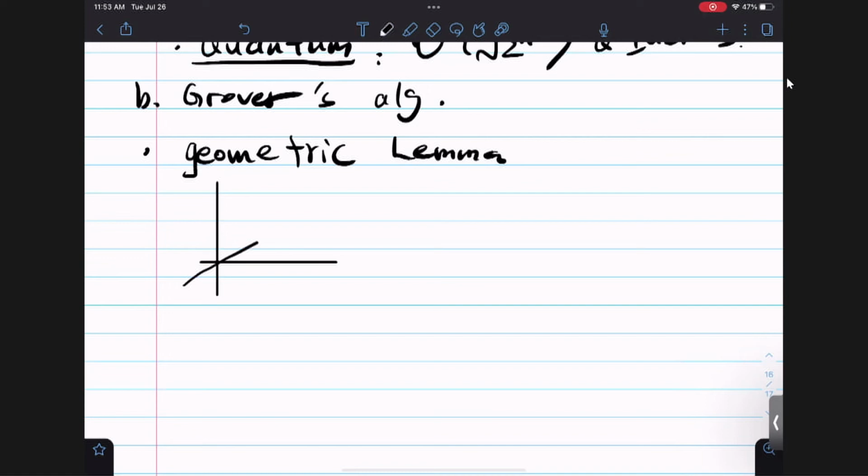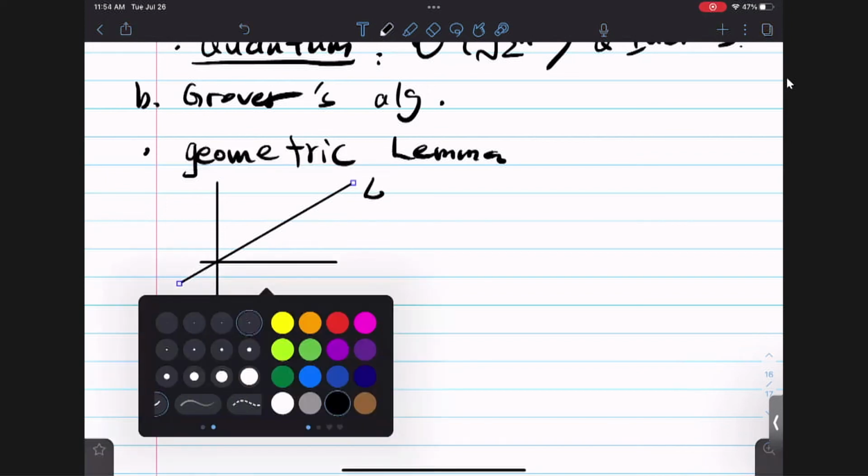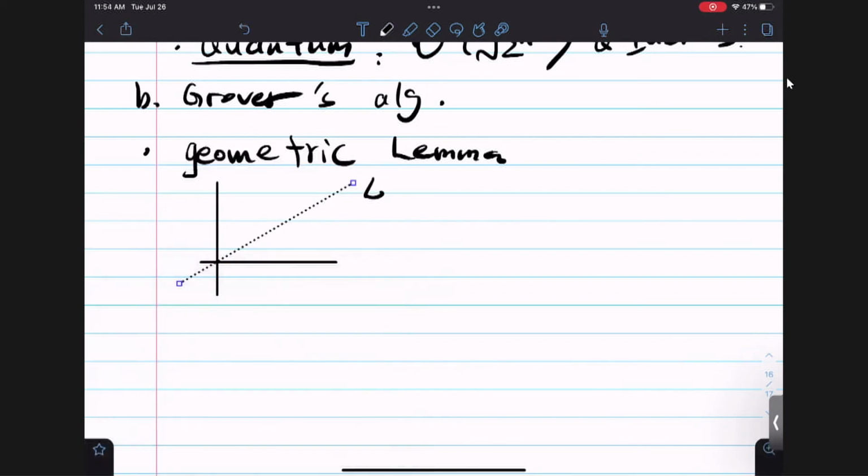On this 2D plane, suppose I have a line L and a vector V. I want to do the reflection about this line, so I'm going to take the mirror image of V about this line L, which gives me V perp.